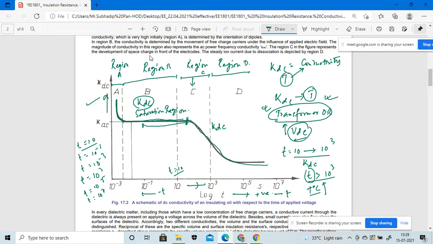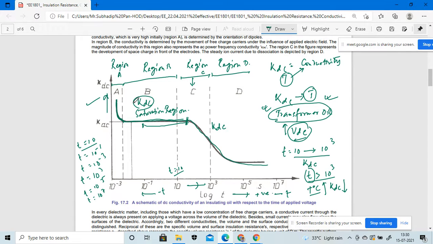If the temperature of the insulating oil is increased, the conductivity will decrease, right? So we can say that the temperature is inversely proportional to the conductivity of the transformer oil.